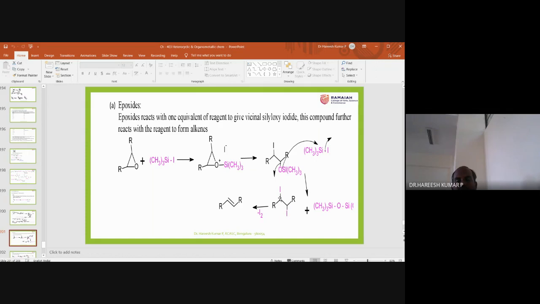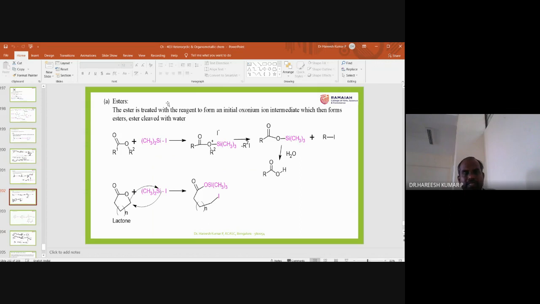This bond pair comes over here, and this I minus picks up I. So removal of I gives an alkene. What it means is that epoxides on reaction with trimethylsilyl iodide give alkene as the product. Ethers on reaction with trimethylsilyl iodide give iodoalkanes. This is the thing you need to remember. With this, I will go to the next slide.